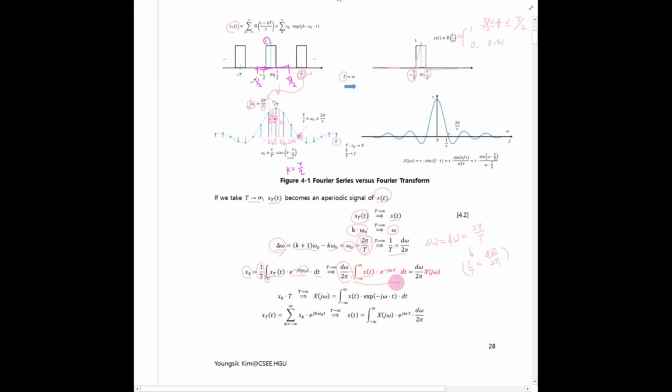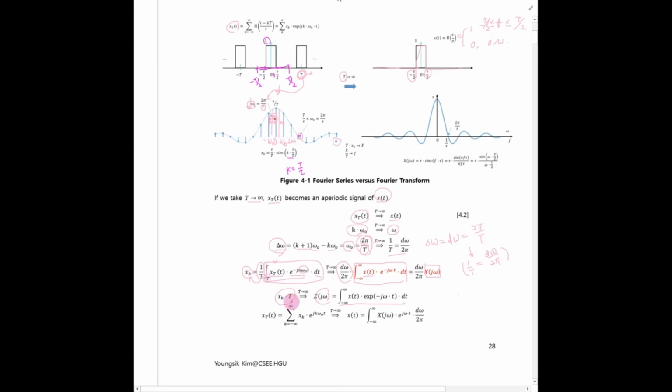In these equations, we defined this block as X(j omega). So X(j omega) is given like that, corresponding to this part. This part can be represented this way by multiplying T on the left-hand side.